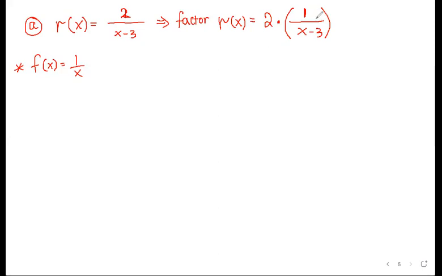Now I have 1 over x, and I have to put the f inside this function, because it will make it easy to graph. I know the function f of x equal 1 over x.